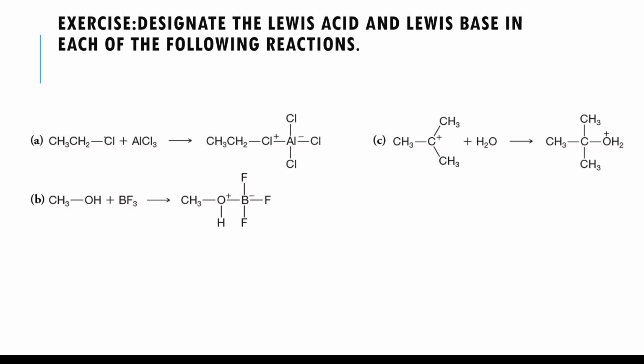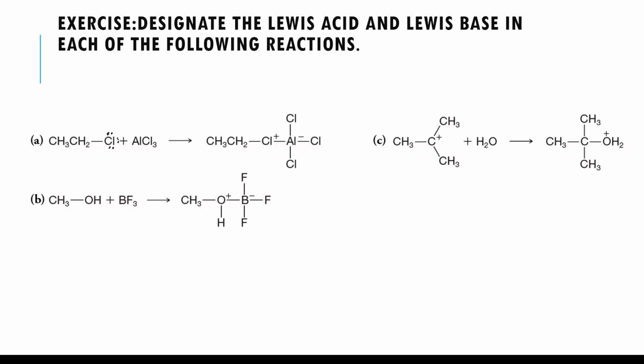The chlorine in chloroethane is combining with aluminum chloride, and the chlorine and aluminum are bonding. We know that we have three lone pairs in chlorine, and in the product, the chlorine is connecting with a sigma bond with aluminum.